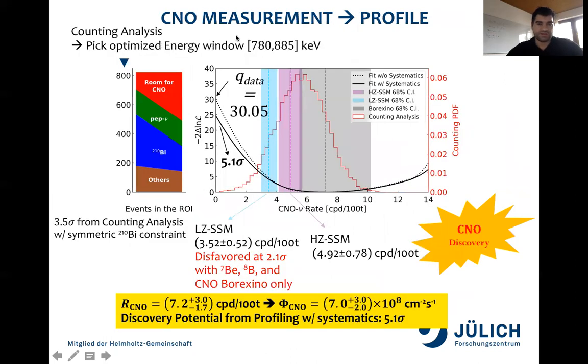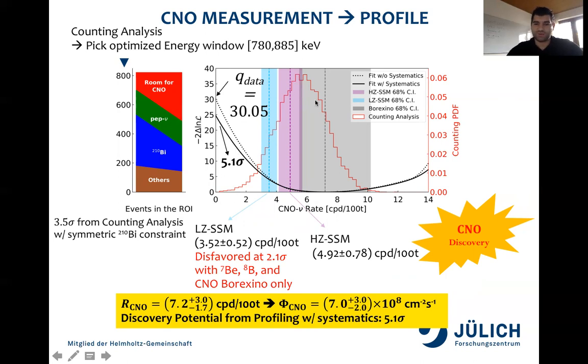On the other hand, the CNO measurement can be nicely extracted by doing a profiling. So we do a delta chi-square profile versus the CNO rate, and you see the dotted line is the statistical-only delta chi-square profile, and the solid line is the one when you smear the systematics.